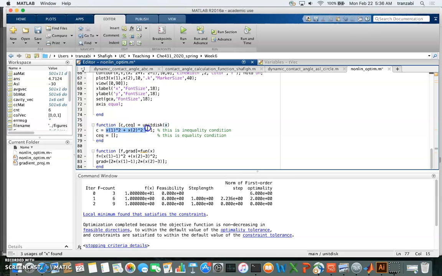So this is going to be negative if x1 and x2 are inside a unit circle. You can easily test it. Let's say I put x1 and x2 equal to 0, then this turns out to be negative 1. So this is inside the circle, which is right, since x1 and x2 equal to 0 is nothing but the center of the circle.